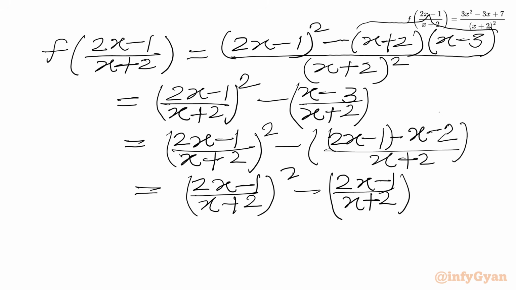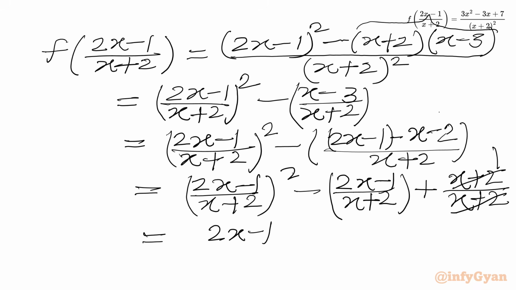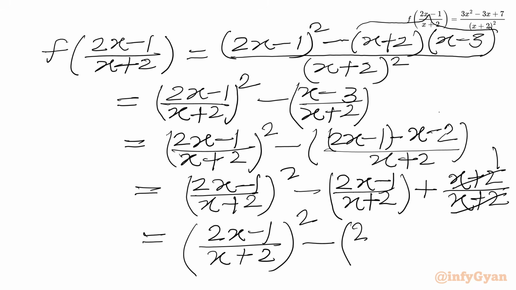Then we have minus (x - 2)... and here we have minus, so I can write plus sign (x + 2)/(x + 2), which will get cancelled, and 1 will be equal to ((2x - 1)/(x + 2))² minus (2x - 1)/(x + 2) plus 1.